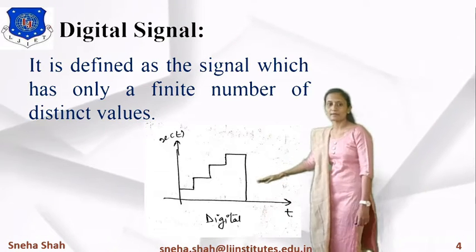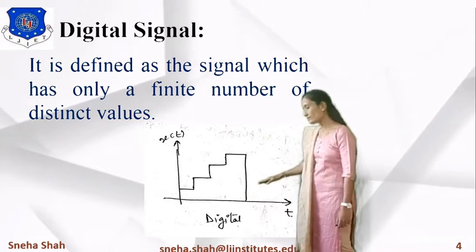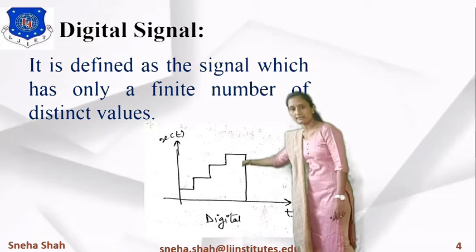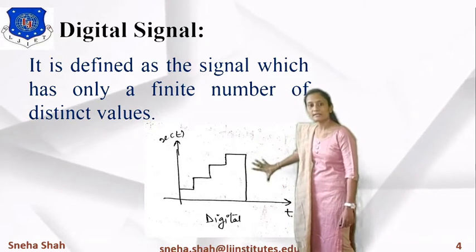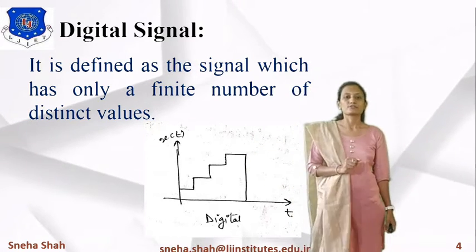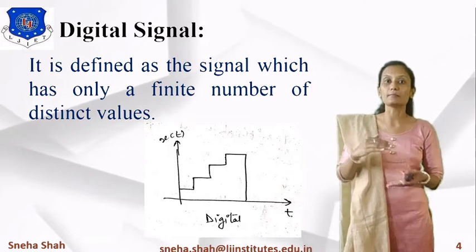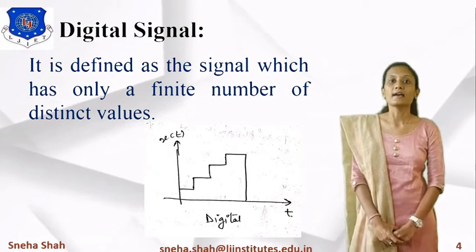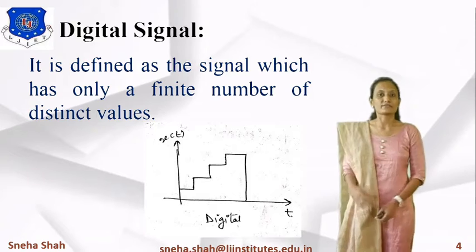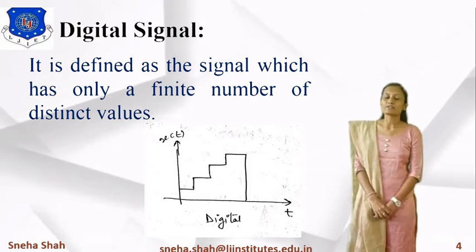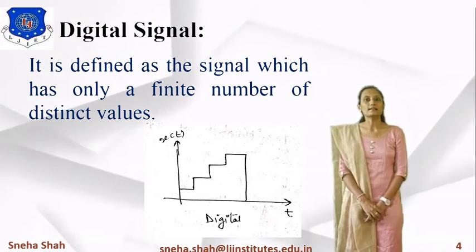We can count the levels: first, second, third, fourth, fifth. So there are 5 different levels. The number of amplitude levels is countable, so it is considered as a digital signal.